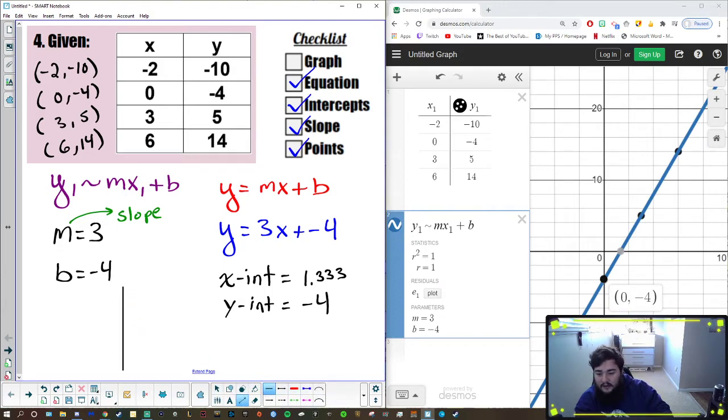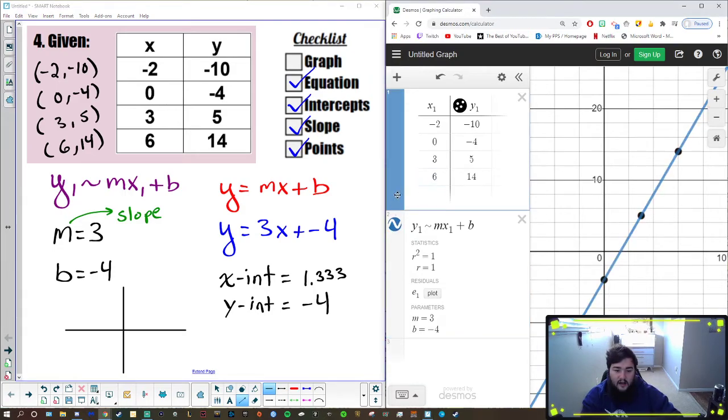I'm going to make a little tiny baby coordinate plane in my bottom left. And again, make sure you click on that zoom fit, and we are going to plot two of our pretty points and connect them. I'm going to choose 0, -4, and 3, 5.